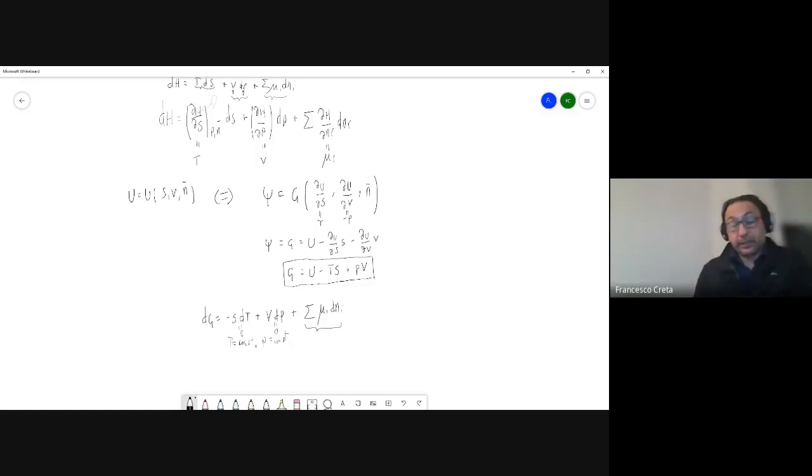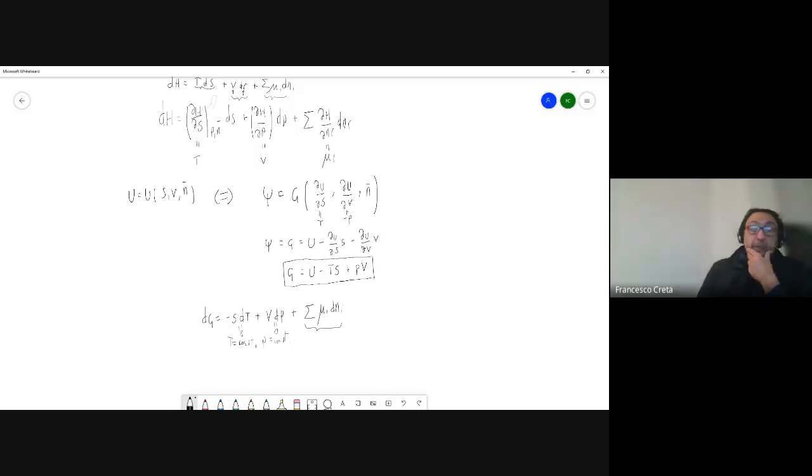But in this particular case, when dG is different from 0, this assumes the meaning of a useful energy that can be extracted. But it can be extracted by virtue of what? Of the change in composition. So through essentially chemical reactions at constant temperature and pressure.